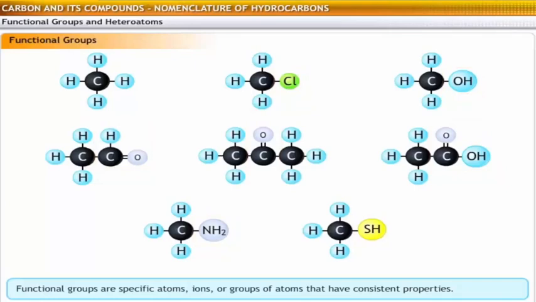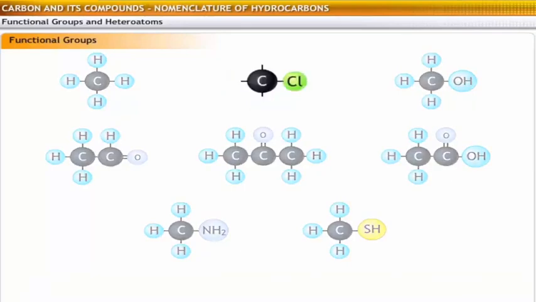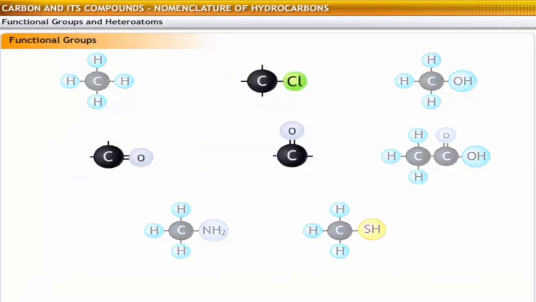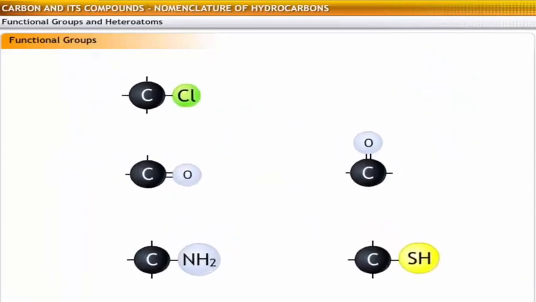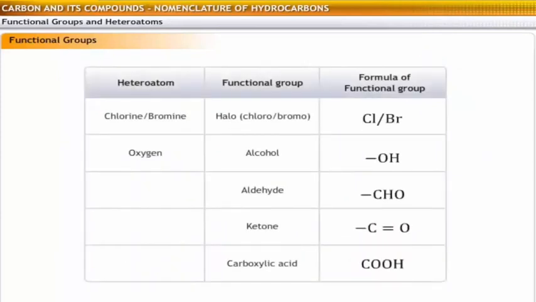In organic chemistry, apart from hydrocarbons, there are other molecules where carbon forms bonds with other elements, such as halogens, oxygen, nitrogen, and sulfur. A hydrocarbon chain may contain one or more atoms of elements other than carbon and hydrogen.